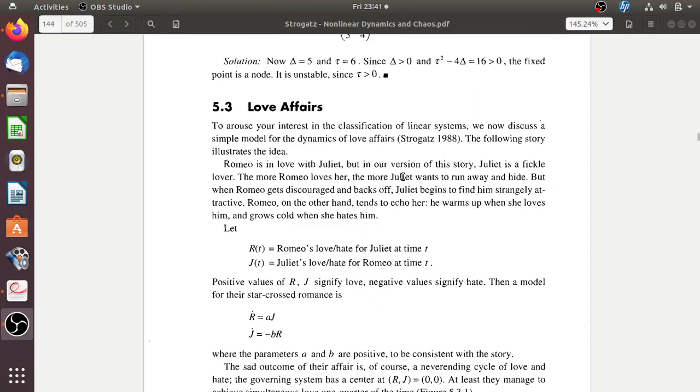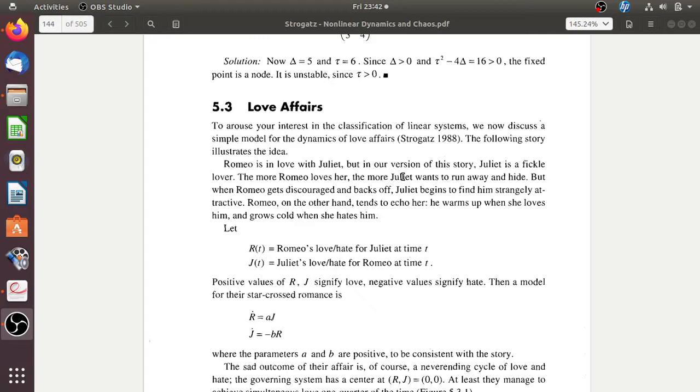And at the same time, if Romeo doesn't show any interest towards her, then Juliet finds that attractive, and she develops a feeling for him. That's Juliet's character.